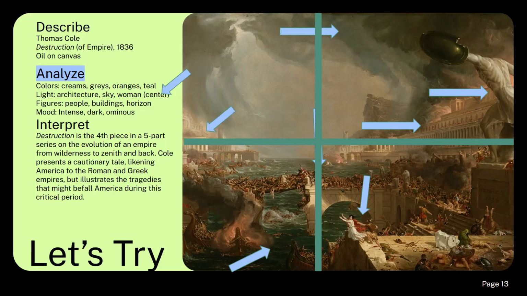Do you see how he uses architectural details like these columns to represent a vaguely Greek or Roman empire? This sculpture, for example, that he paints in this top right corner, really emphasizes Greek or Roman artwork. But it's illustrating the tragedies that might befall America during this critical period.